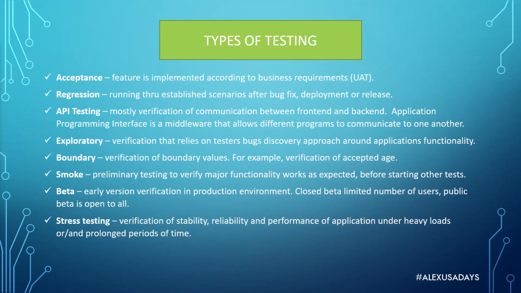Beta is close to a release application. It's very close to a ready application, but it's not there yet. So the idea of beta testing is that you will have people try and test your system to find any extra issues or unexpected things before the big release.